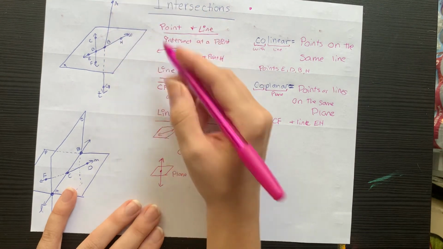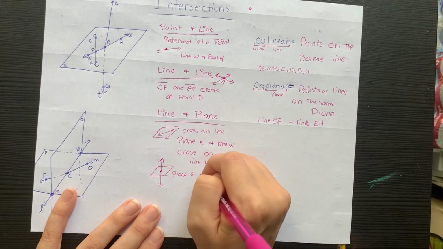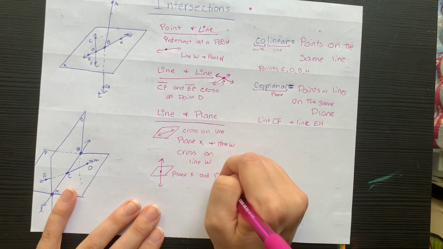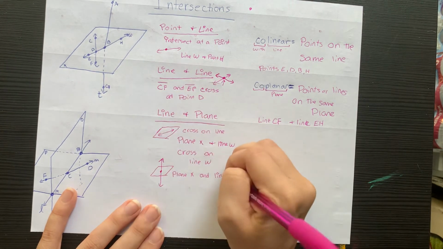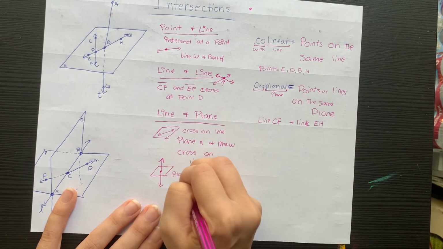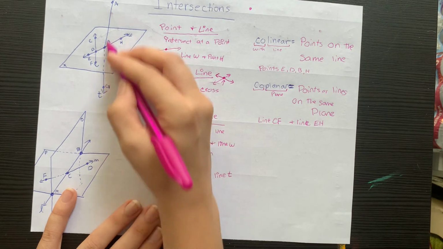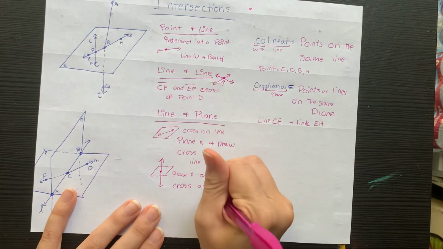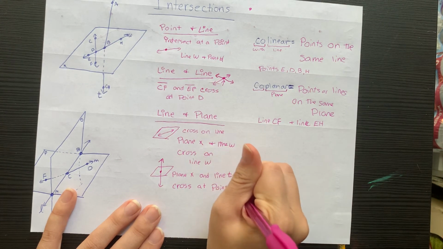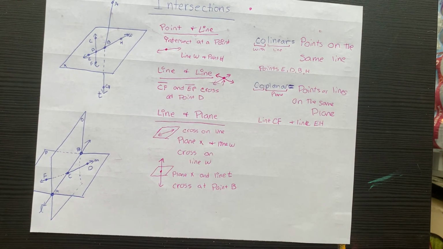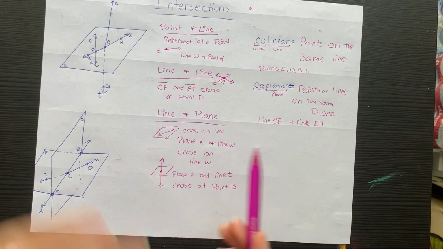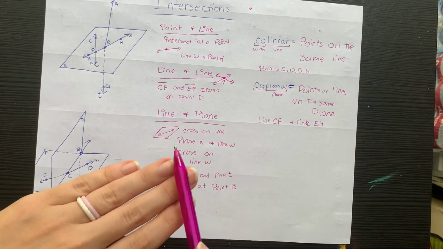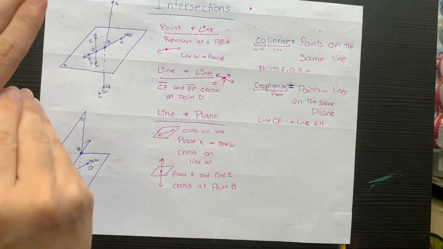So this would be like plane X and line T cross at, so if we look at where this line touches the plane, it's right here in the middle on point B. Right? So if it's a line in a plane, if it's laying, it crosses on the whole line. If it's going up through, it crosses on a point.